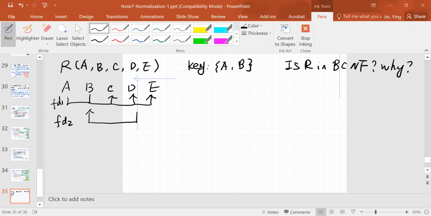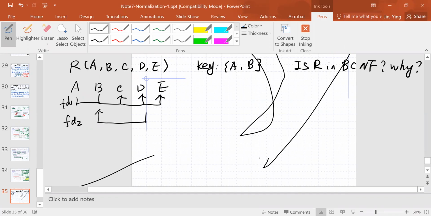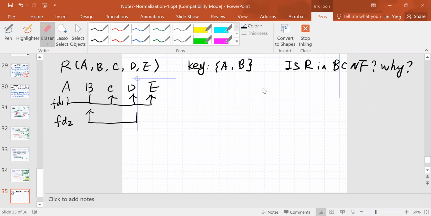So you can do this as an in-class exercise, finish this, and we'll cover it. So we're going to talk about the solution next class.